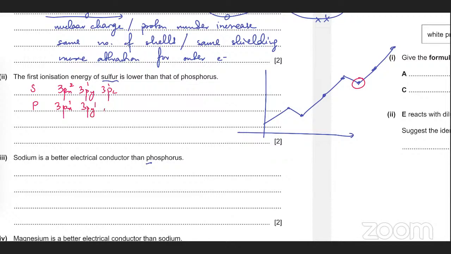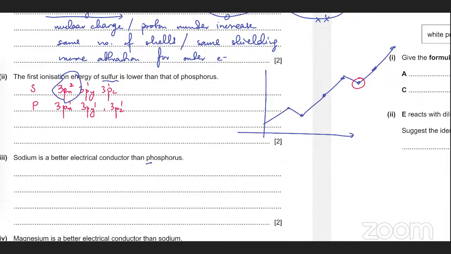So it's because of this reason there's going to be spin pair repulsion. It's going to be easier to remove electrons from this atom because there are two electrons in the same orbital, so due to repulsion it's going to be easier.